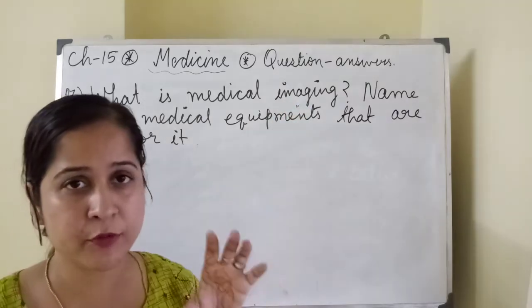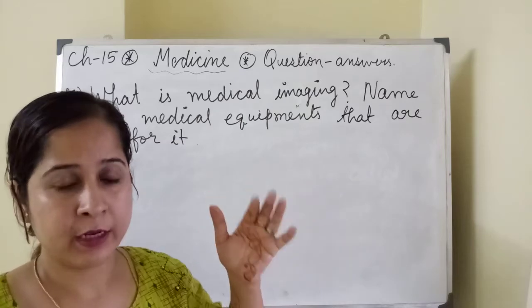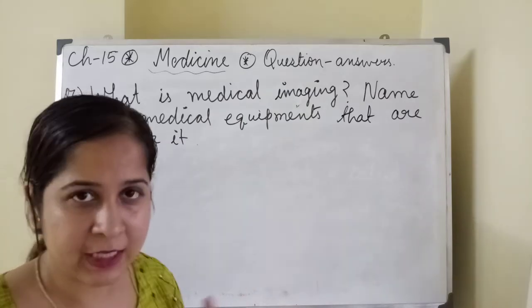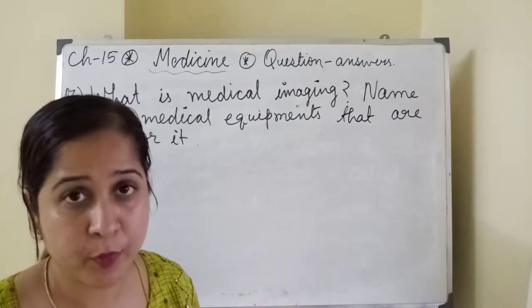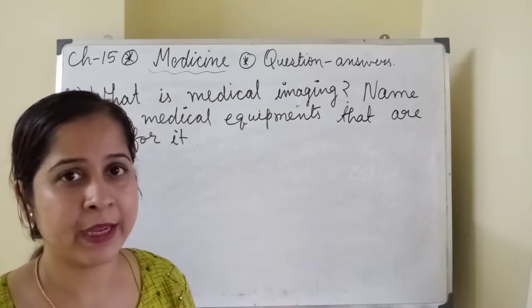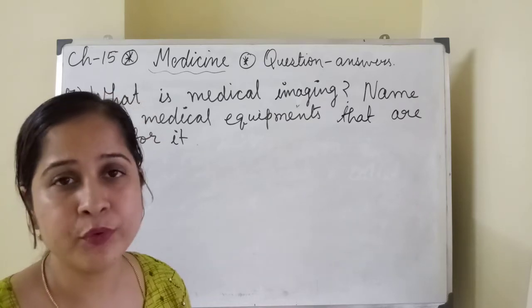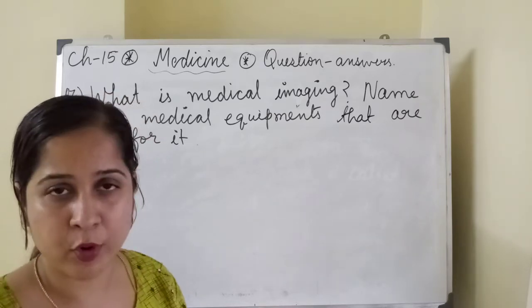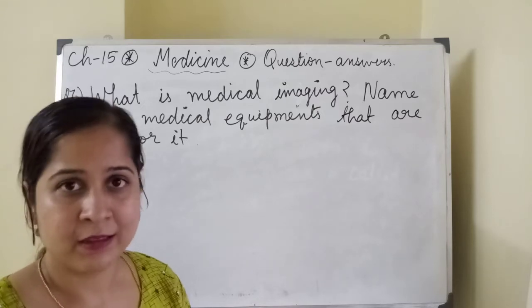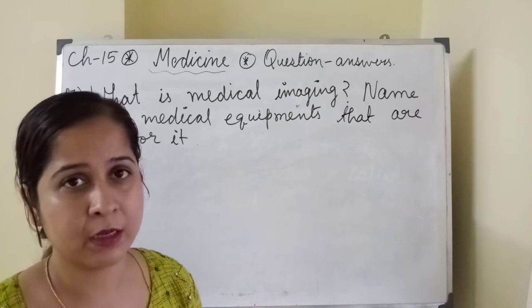Imaging means the process of taking photography, and these are photographs taken for medical purposes, of the internal part of our body, if it is affected by any disease. Any problem on the surface of the skin, we can see and treat, and see how it is progressing.